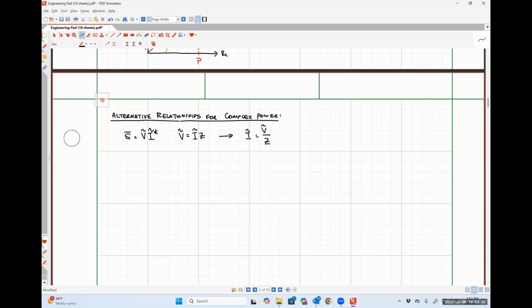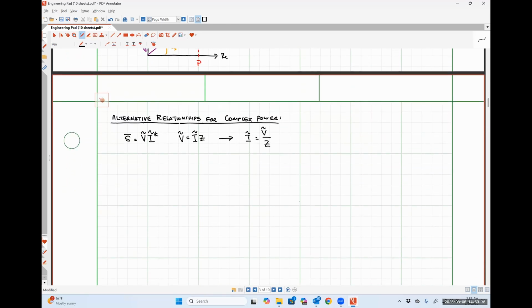So let's start with putting everything in terms of voltage, right? So my RMS phasor voltage is going to stay my RMS phasor voltage. And now I'm going to replace I conjugate with that right-hand expression of Ohm's law, right?